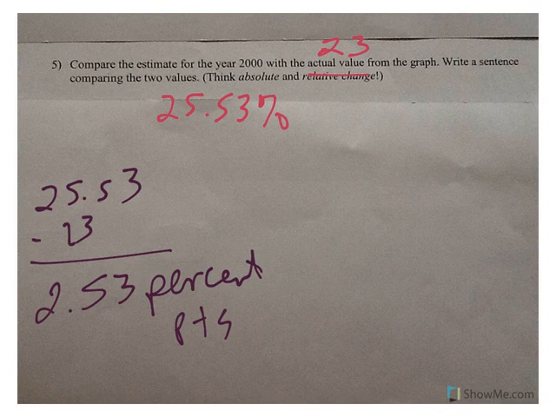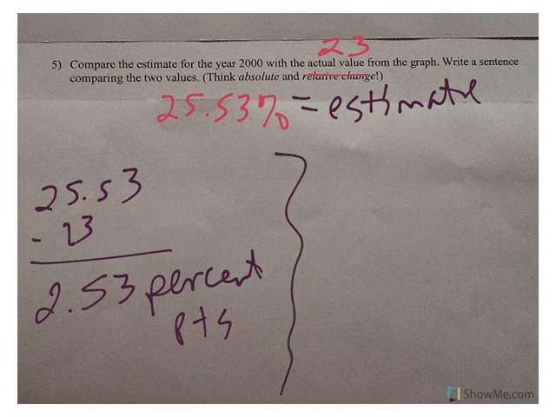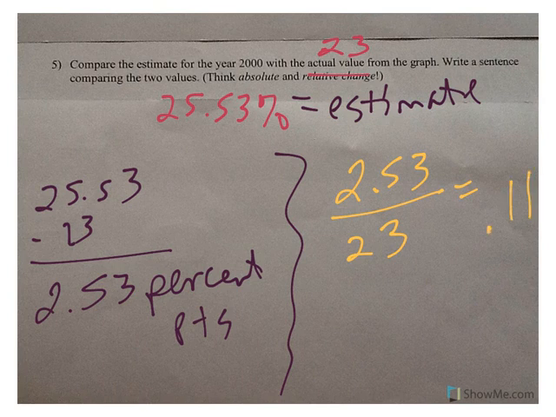Meaning the estimate, because this right here is the estimate, is 2.53 percentage points higher. Well, we can go one step further. The absolute change is new minus old, which is our 2.53, and then divide that by the old, which is 23, which is roughly 0.11.